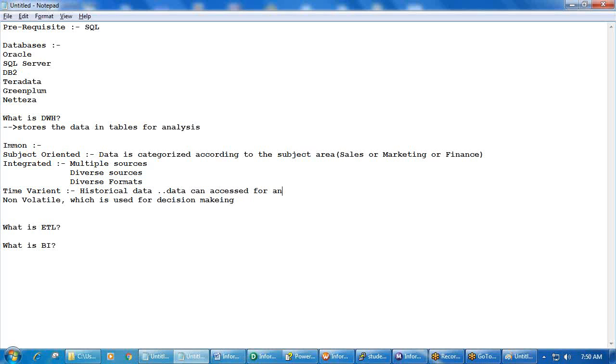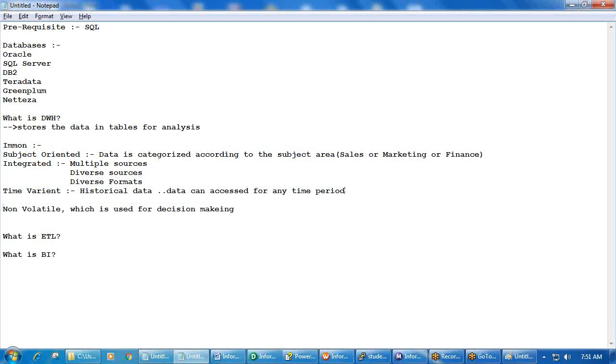In the sense, if I want to know the data for 2015 quarter 2, I can get it. If I want to know the entire profit for the 2014 year, I can get it. So data is available for all the time periods. That's why we call a data warehouse a time variant system.